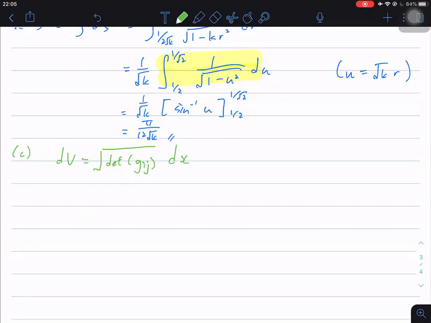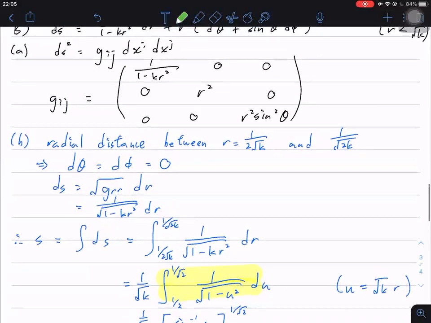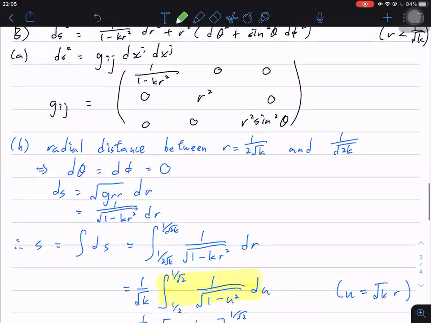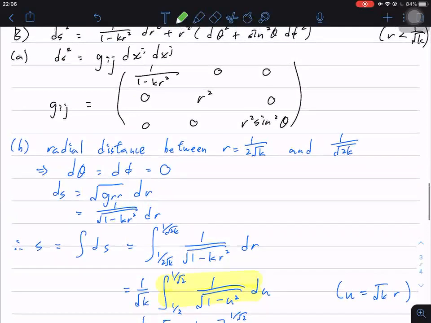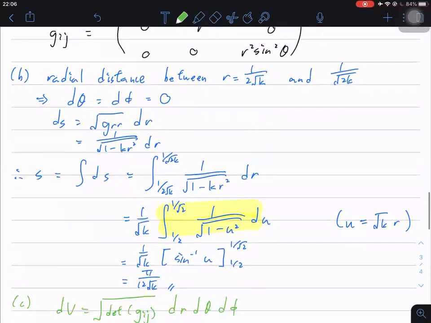So in our case, we have dr, d theta, d phi. And the determinant of the metric tensor is not difficult to find in this question because we don't have any off-diagonal terms. So the determinant is basically the product of all the diagonal terms.